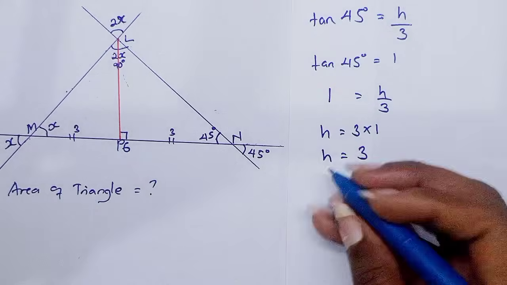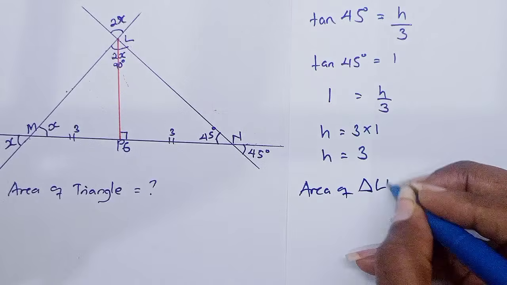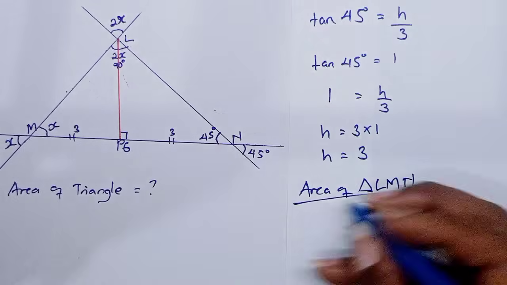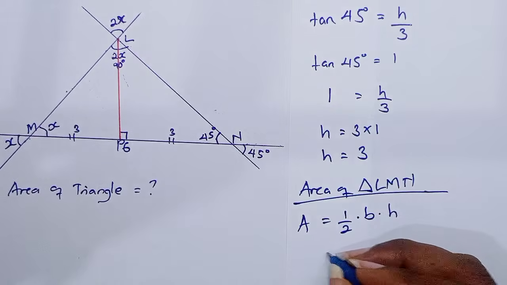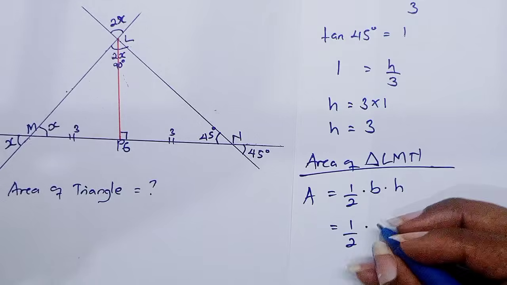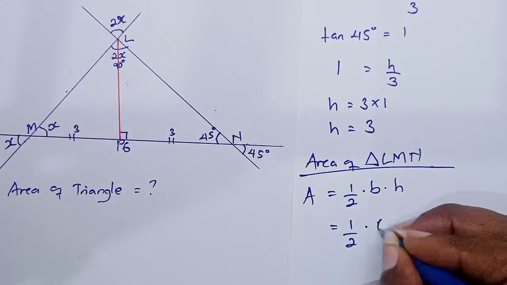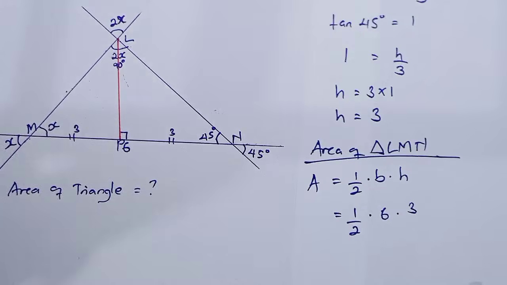So now since we have the base and the height, let's go ahead and find the area of this triangle LMN. Okay, area of triangle LMN. So area we said is a half times base times height, and our base is 6, that is MN, which is 6 times our height, we've got it as 3.